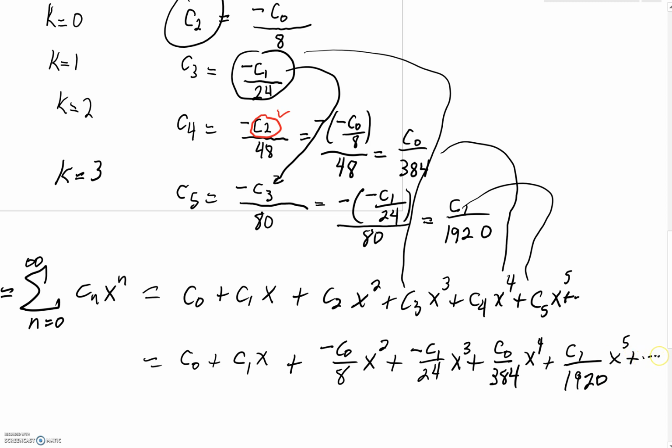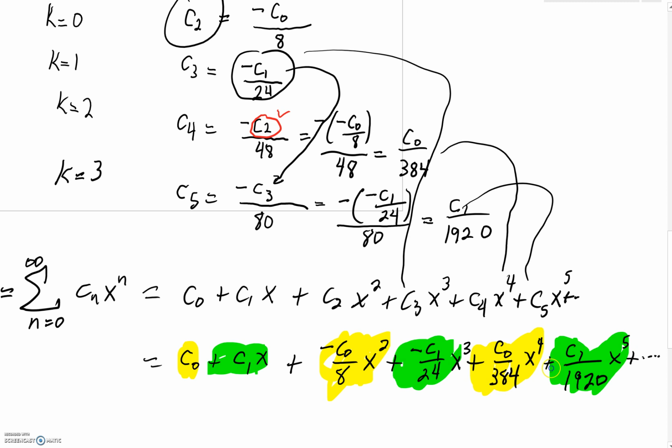And of course, this is going to go on. But what I really want you to notice is this. You're going to notice that half of these terms involve the constant c sub 0. Likewise, the other half of them involve the constant c sub 1.